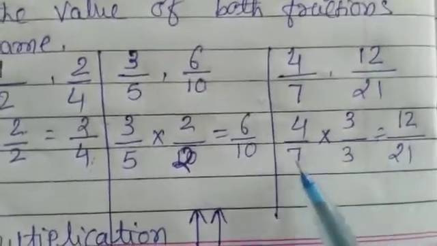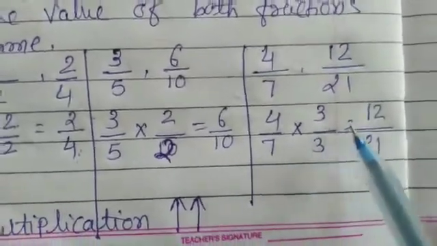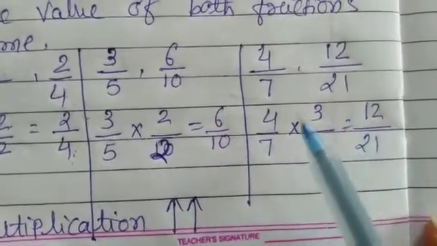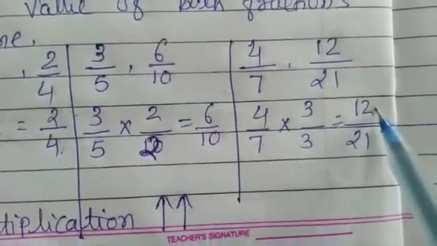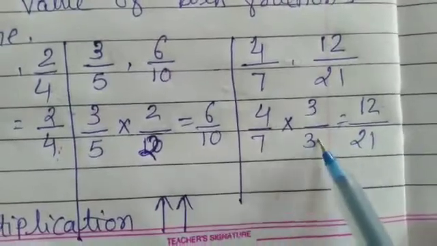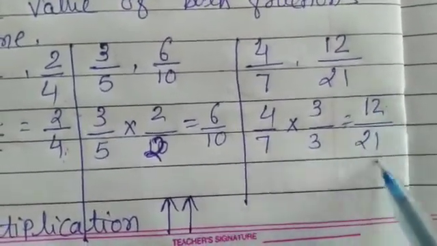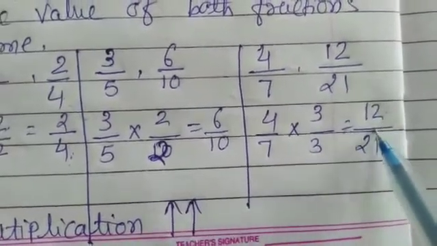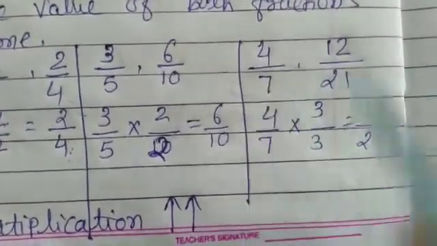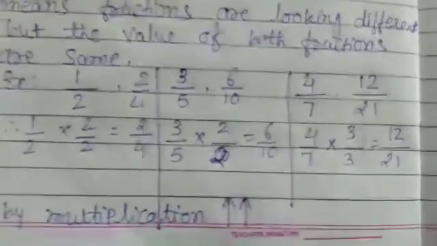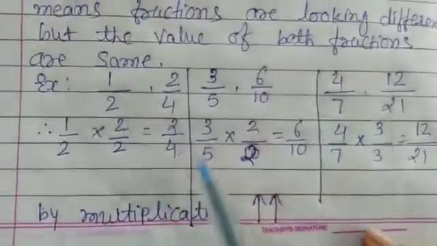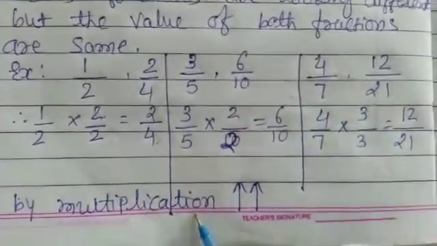We find a new fraction, which is 4 3 is 12 as a numerator and 7 3 is 21. So 12 by 21 is a new fraction which is equivalent to 4 by 7. So this is a method to find an equivalent fraction: multiplication.